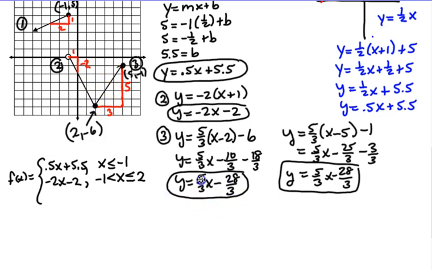The third function, 5/3 x minus 28/3, and I apologize for the nasty numbers, I didn't realize how bad it was when I did this graph. 5/3 x minus 28/3, that rule applies when x is greater than 2. I can't say greater than or equal to 2 because I've already used the 2 in this part of the domain.